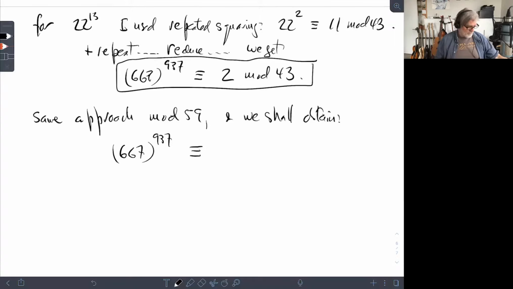I'm willing to do them. This is 38 mod 59.